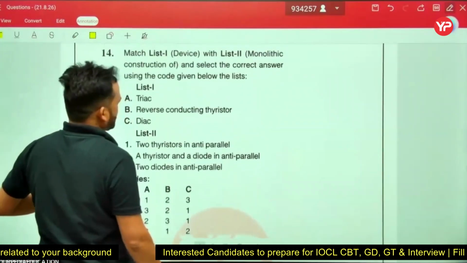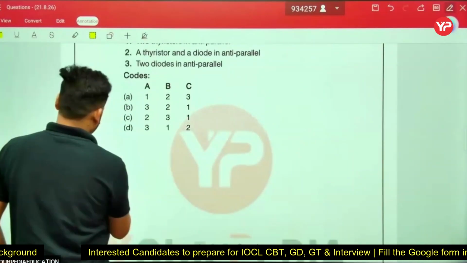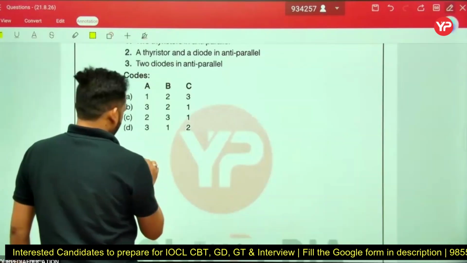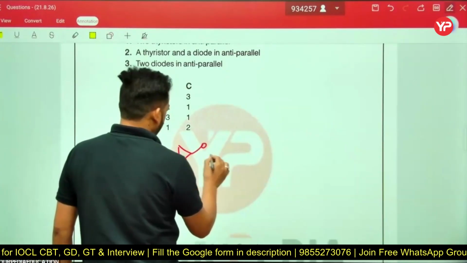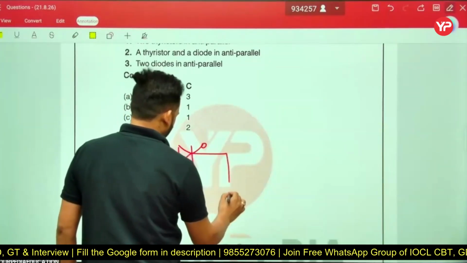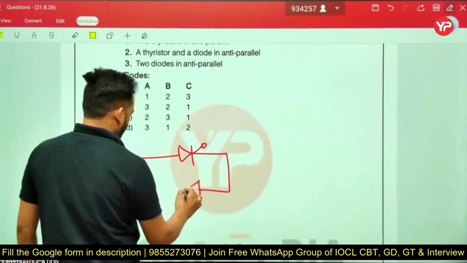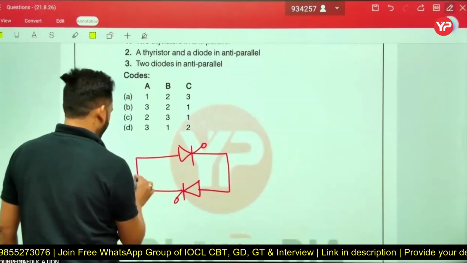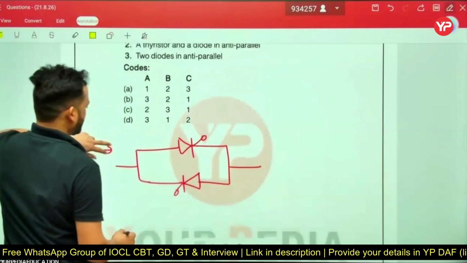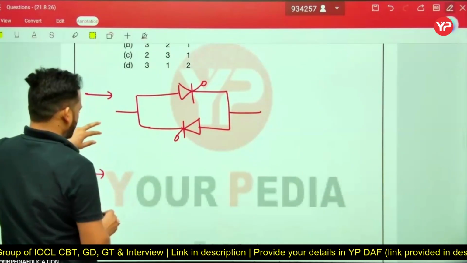Actually, the triac symbol is like two SCRs in anti-parallel fashion, like this. This is the triac. And what is the RCT?